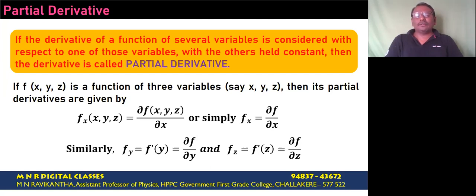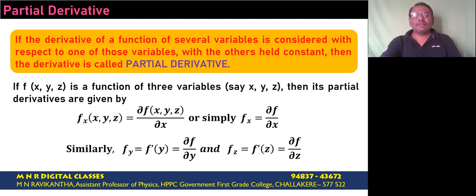Here we have the three partial derivatives of the function f(x, y, z). f'_x, or simply f_x, gives us ∂f/∂x. Here x is the variable, y and z are constants.